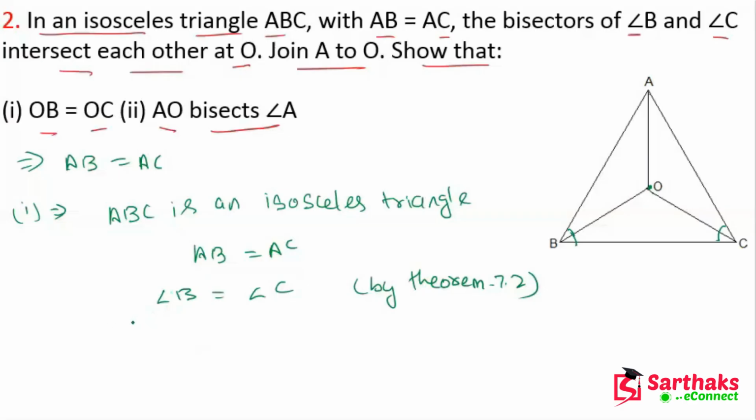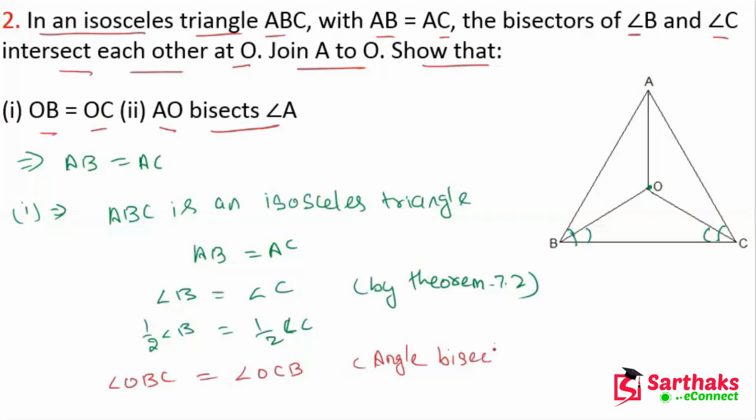If we take half of angle B equal to half of angle C, we get angle OBC equal to angle OCB, since these are angle bisectors.